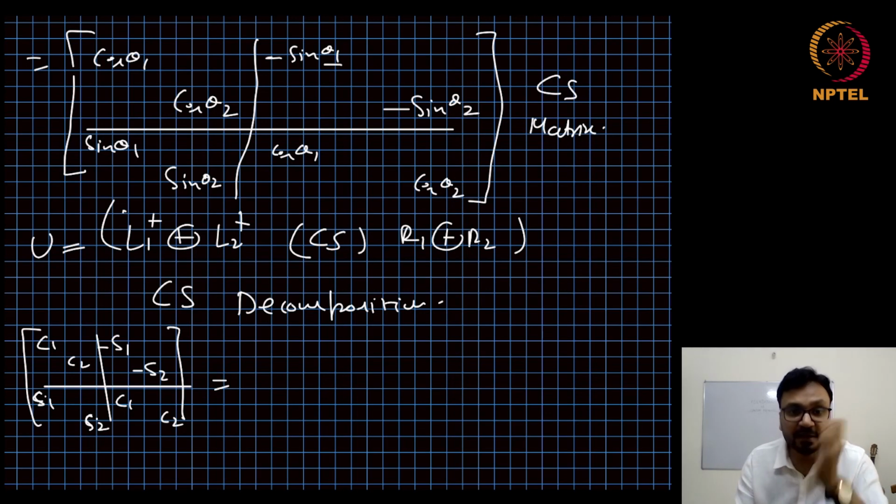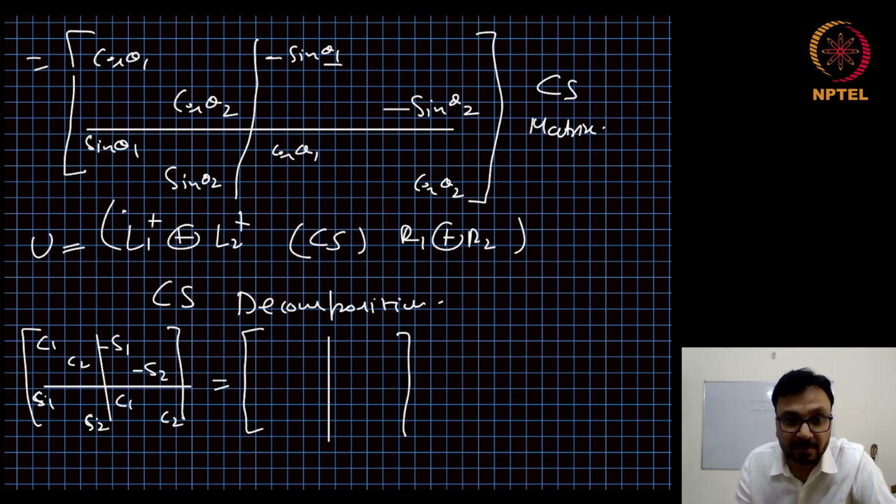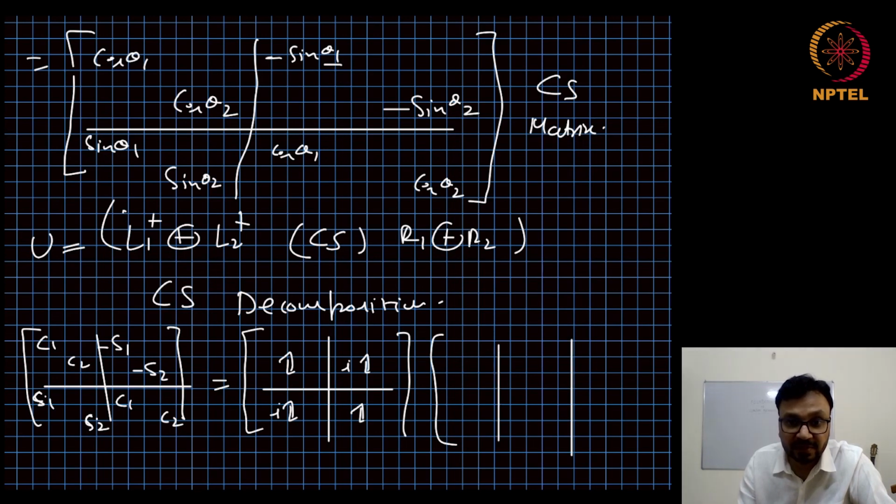And this can be written as identity, I times identity, I times identity, and identity. These are 2 by 2 identities. And then we have exponential of minus i theta 1, exponential of minus i theta 2, exponential of i theta 1, exponential of i theta 2.